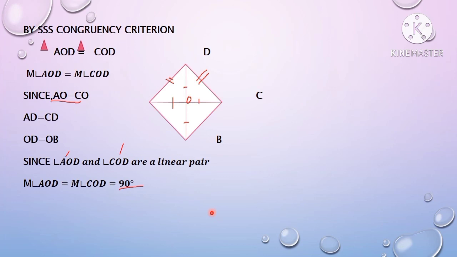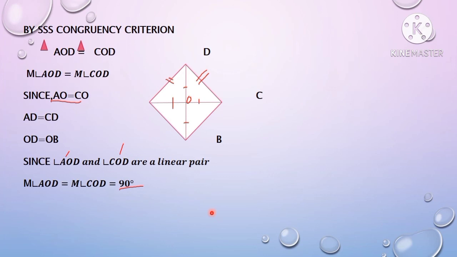Okay children, so we have, what is this property? The diagonals bisect at perpendicular to each other. It's perpendicular. Here what are the two diagonals, children? AC and DB are the two diagonals. So what is the property? The diagonals of a rhombus are perpendicular bisectors of one another.